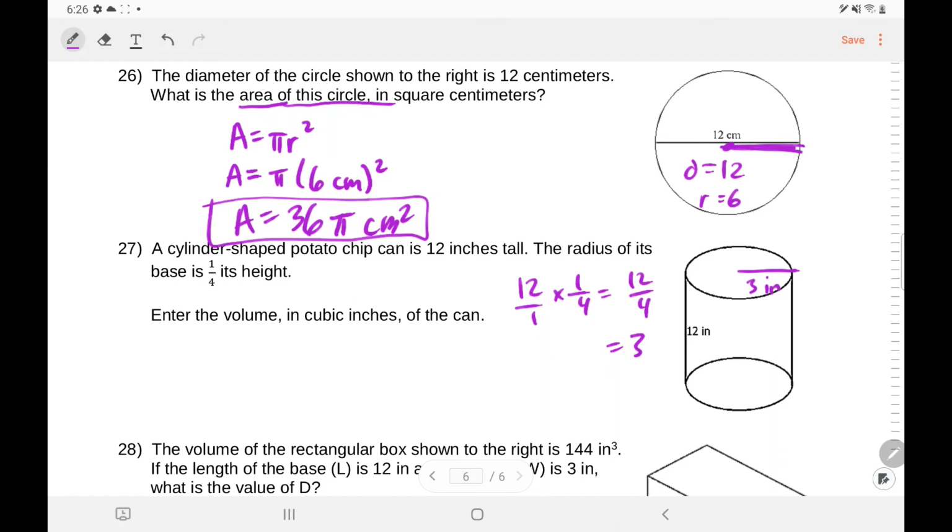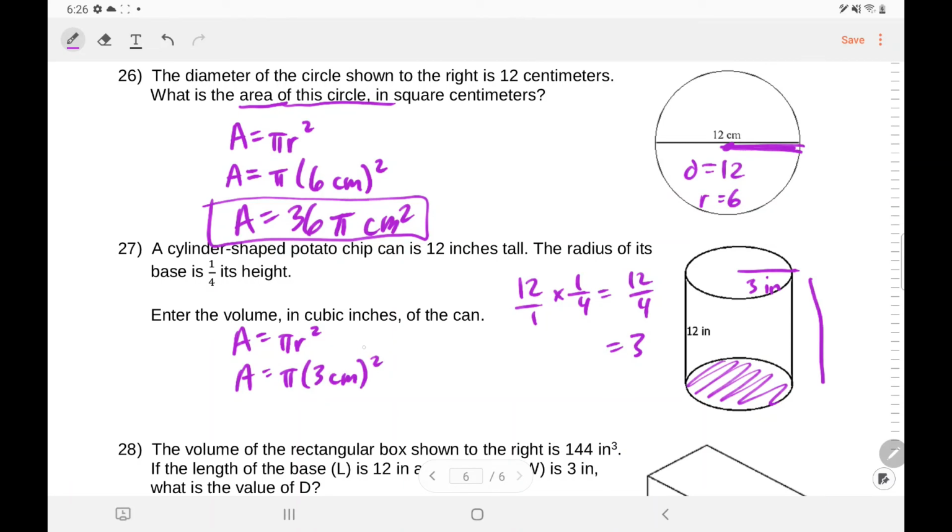We need to find the volume of the can. So remember, volume of any shape is the base area times its height. So the base area is a circle. So let's do pi r squared. And our radius is 3 inches.